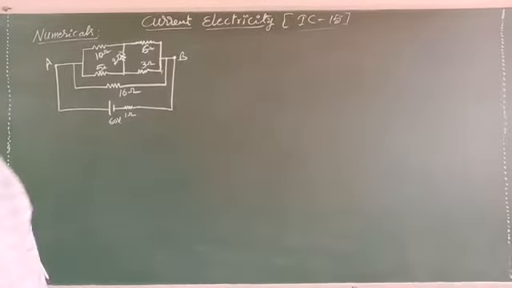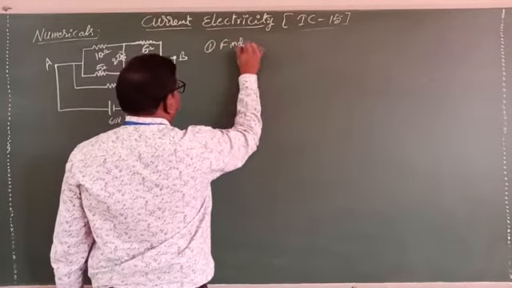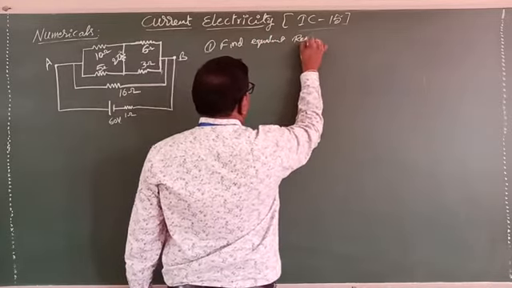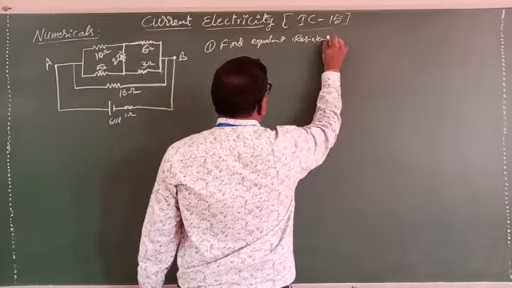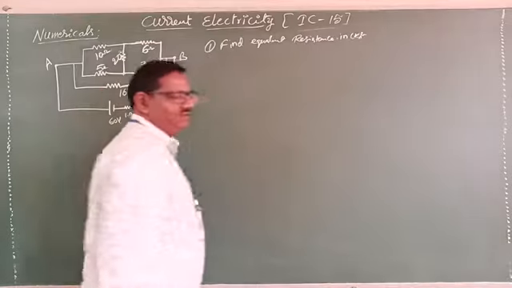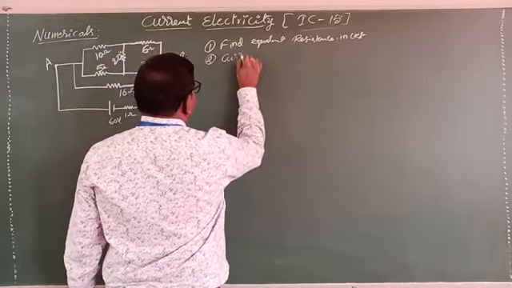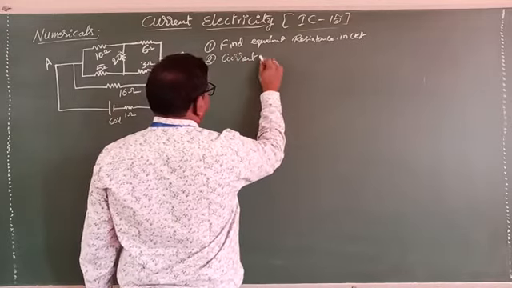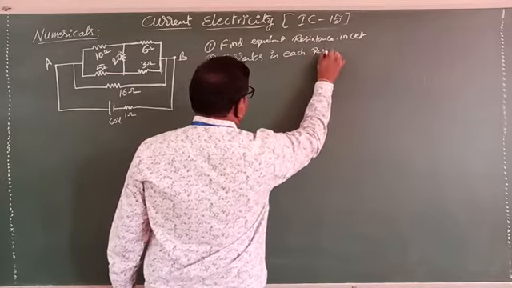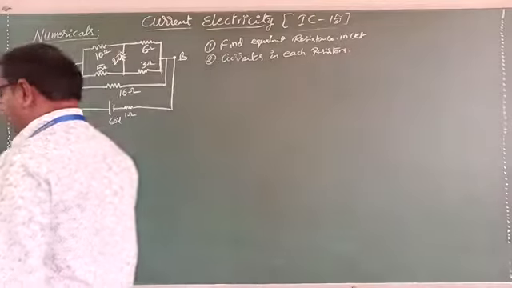See here, in this sum what they are asking: first, find the effective resistance or equivalent resistance in the circuit. Okay, they are asking this one. Second one is find the currents in each branch or each resistor. They are asking currents in each resistor. How can you measure? Very simple.